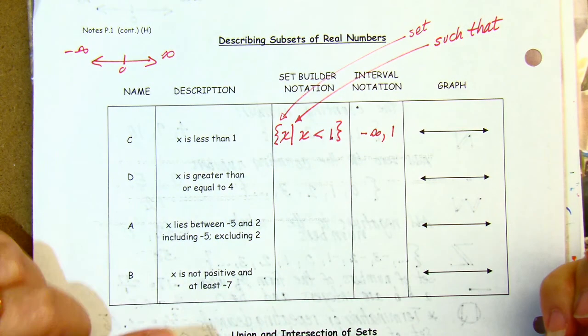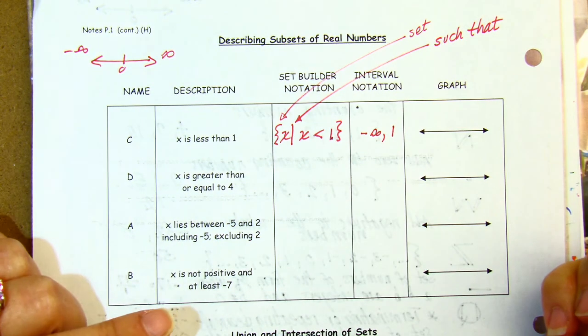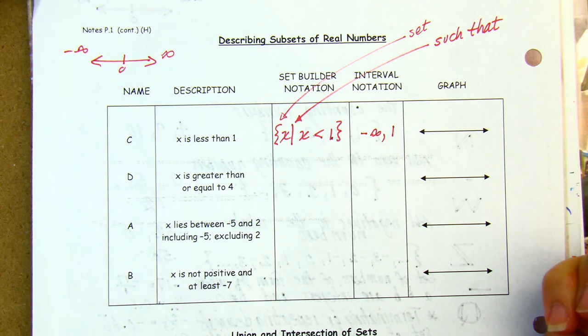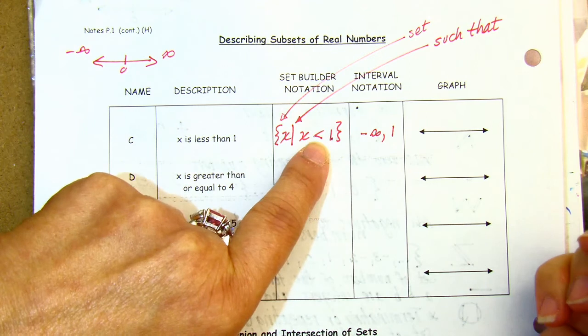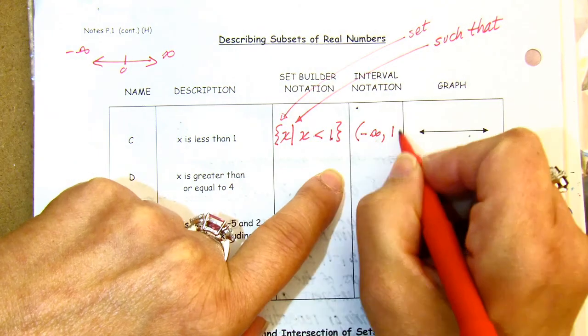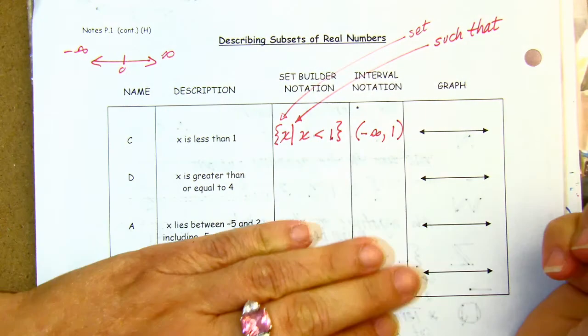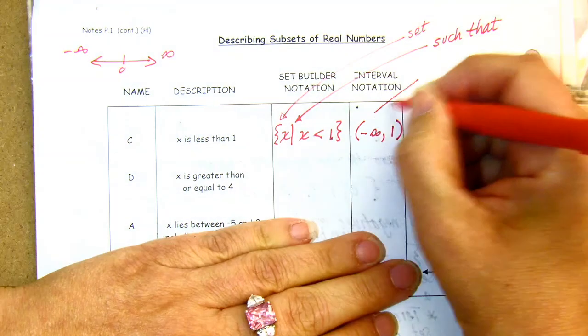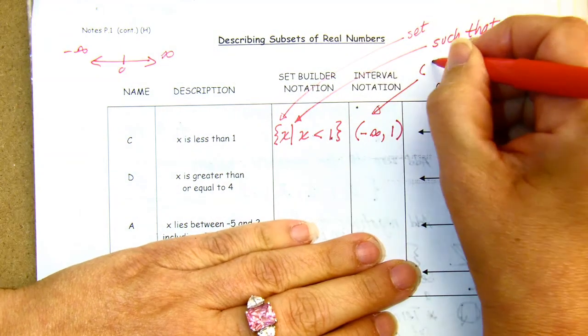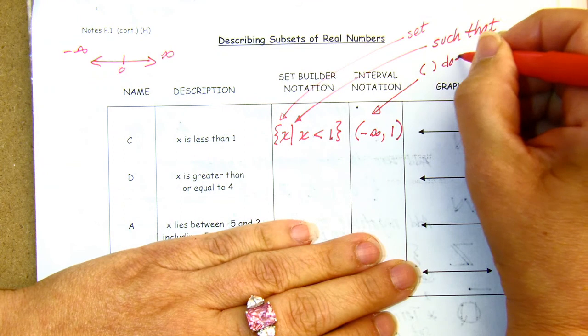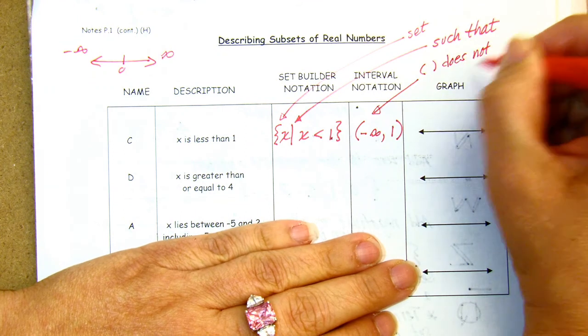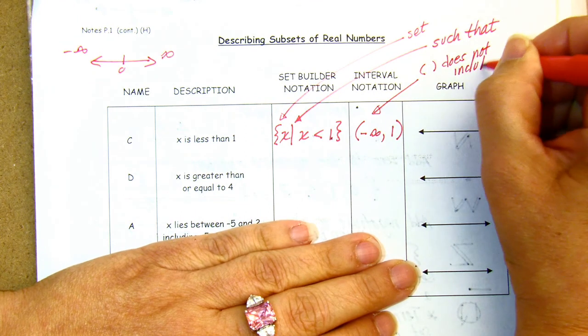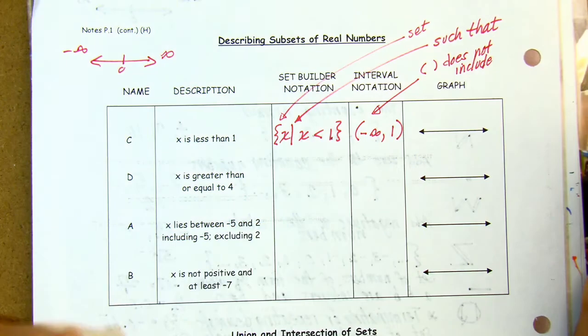Now, I'm not including the 1 because it doesn't say equal to right here. So we have to use parentheses, okay? So again, the parentheses means does not include the value in the set, okay?